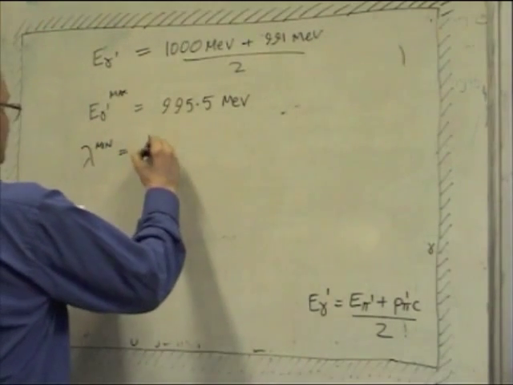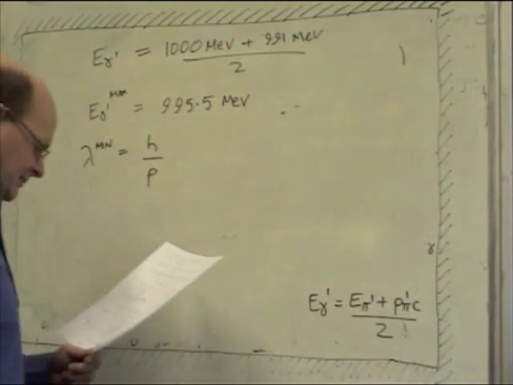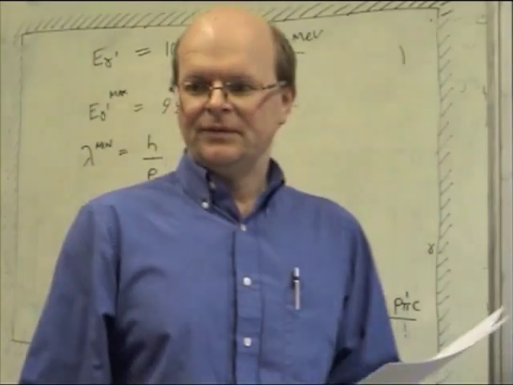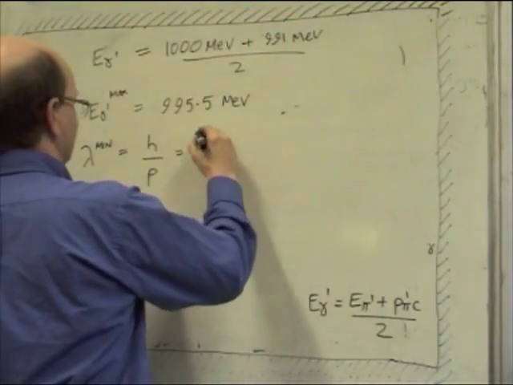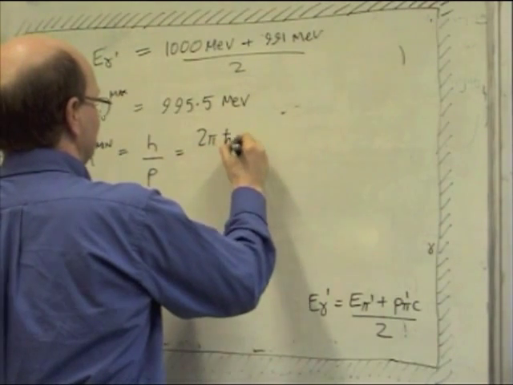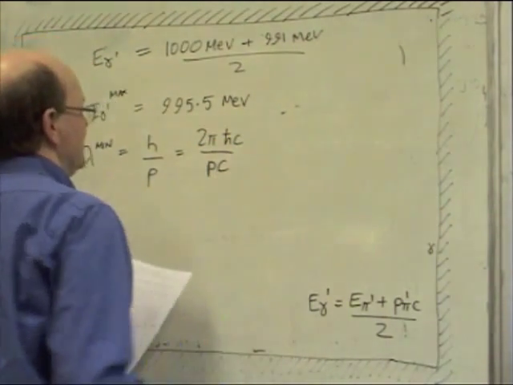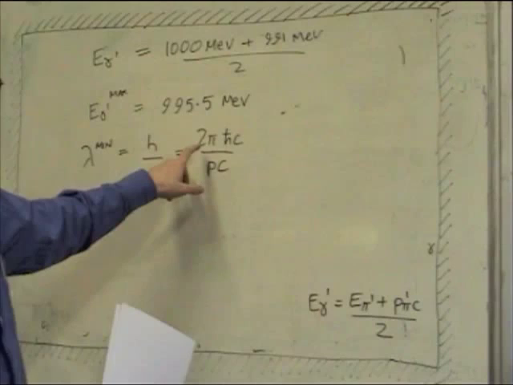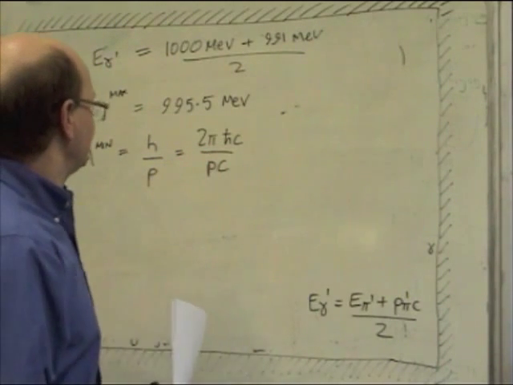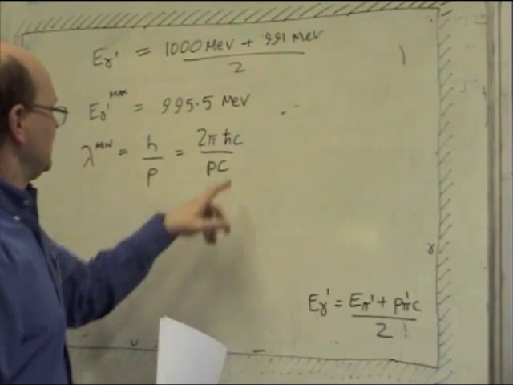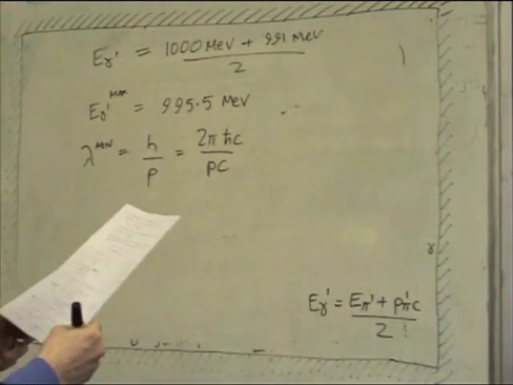And that's going to be Planck's constant divided by the momentum of the photon. Well, let's rewrite this as 2 pi h bar c over pc. All I've done is introduce a 2 pi and compensate by making it h bar, where h bar is just h over 2 pi, and then introduced a c top and bottom.